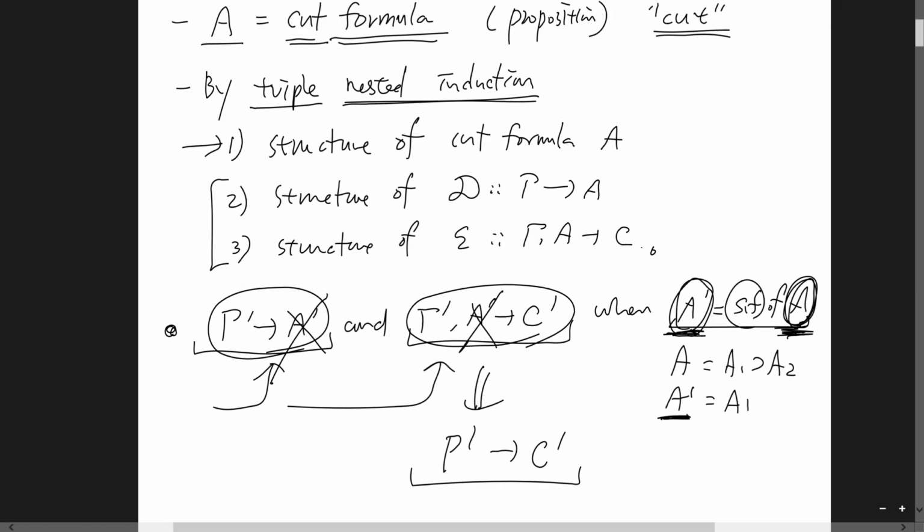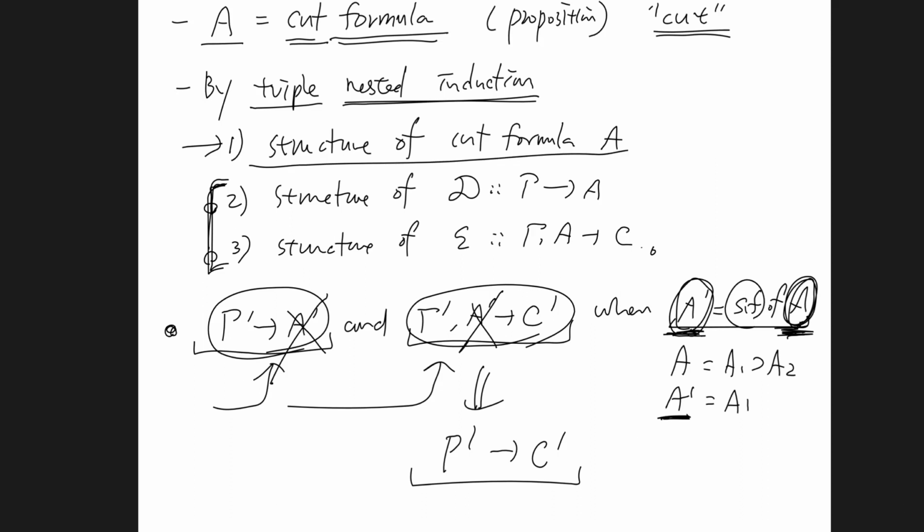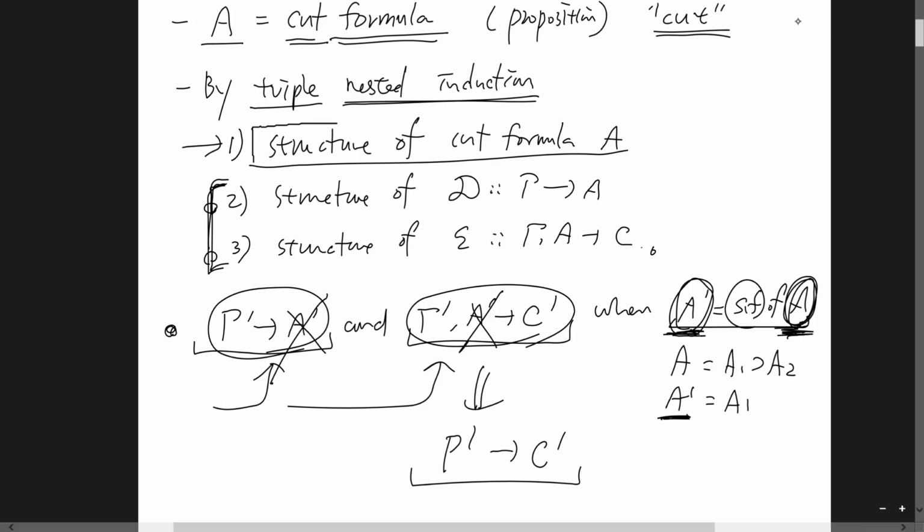In other words, the second and the third cases do not apply at all, simply because the cut formula is strictly smaller. So that's what we mean by the first case in this triple nested induction.